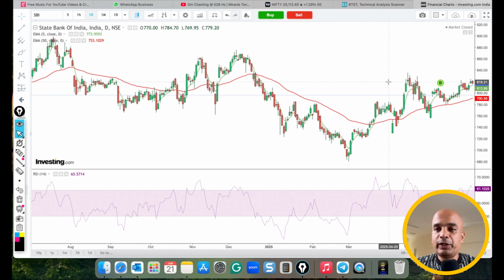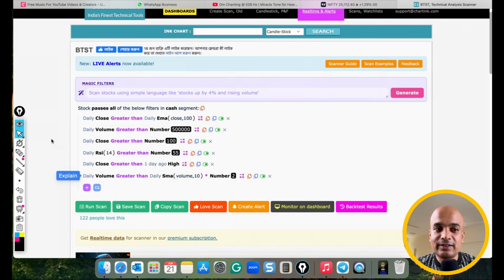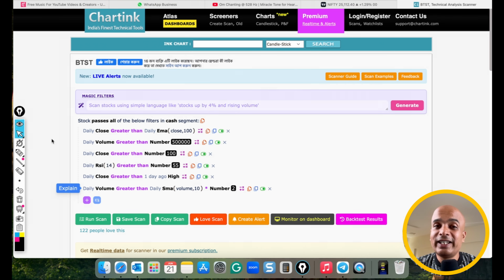Now I will jump into the BTST trading strategy. For the BTST trading strategy, I will be using a screener, a scanner from a charting website. Why? Because I noticed this particular screener shortlists the stocks in a wonderful manner.